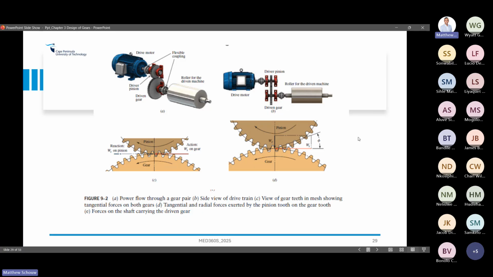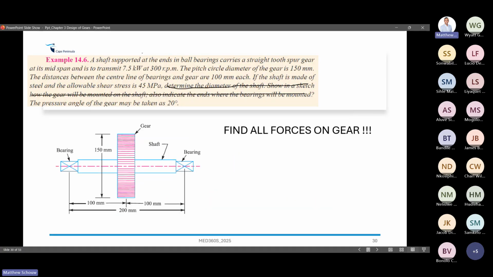So what I want you to do now is find the forces. This question you could actually make gears and bearings all in one question. That's like the highest level type question. But I want you to use this information here. Don't ignore all the other stuff. And I want you to find all the forces on the gear.